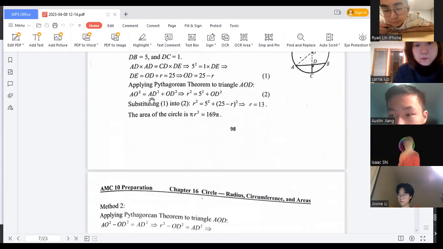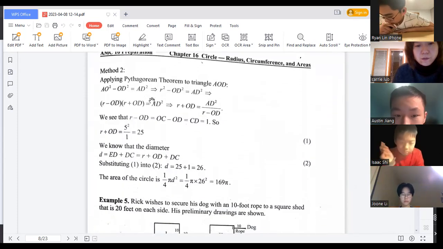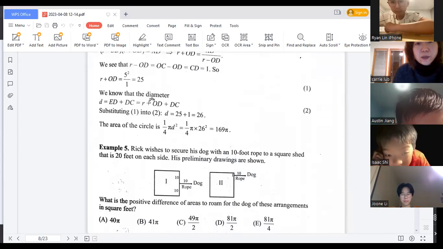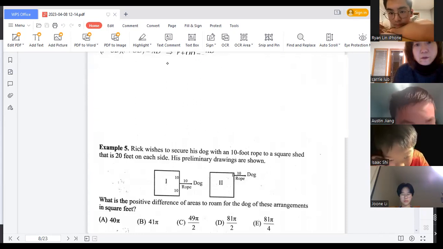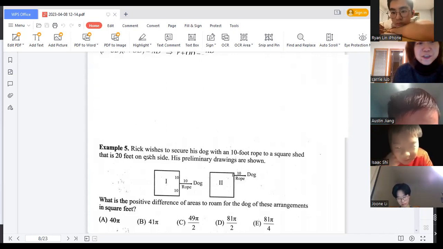So we are going to number 5. So let's take a look at this one. I'm going to just make the top part white so I can just use them as my next question. Okay. So Isaac wished to secure his dog, Tiger, with a 10-foot rope to a square shed that is 20 feet on each side.